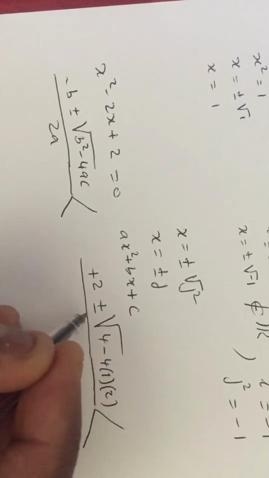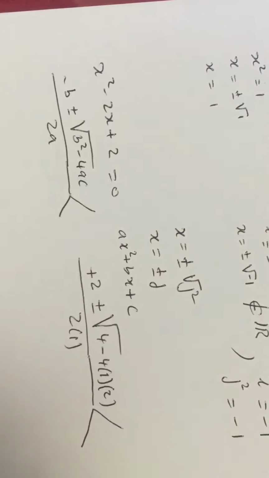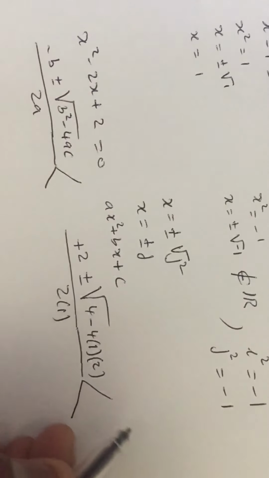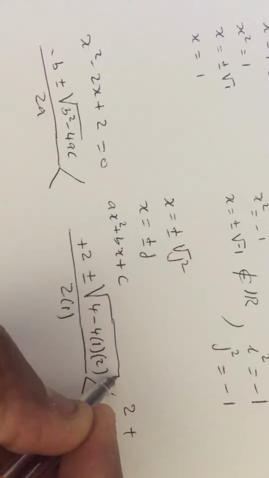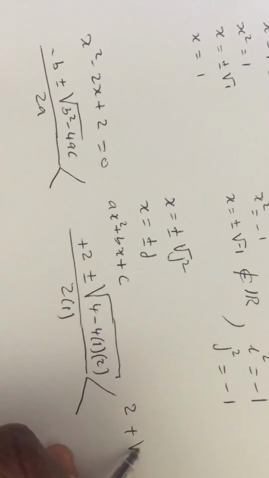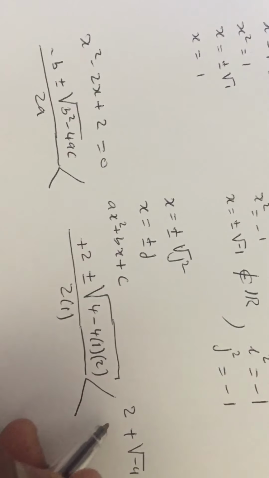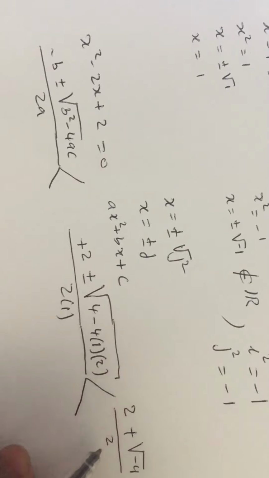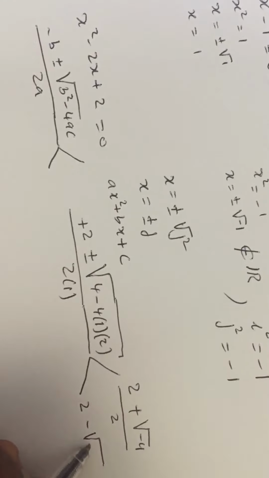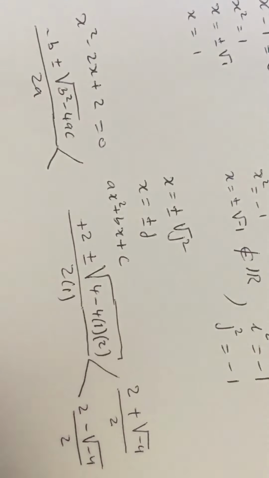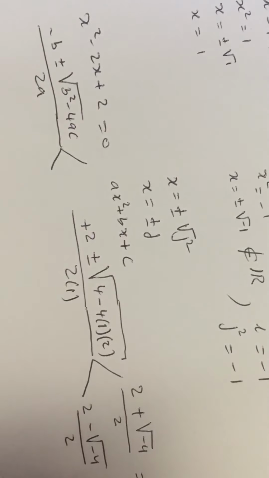And 2a will be like this. So we'll end up having 2 plus square root of minus 4 over 2, and 2 minus square root of minus 4 over 2.